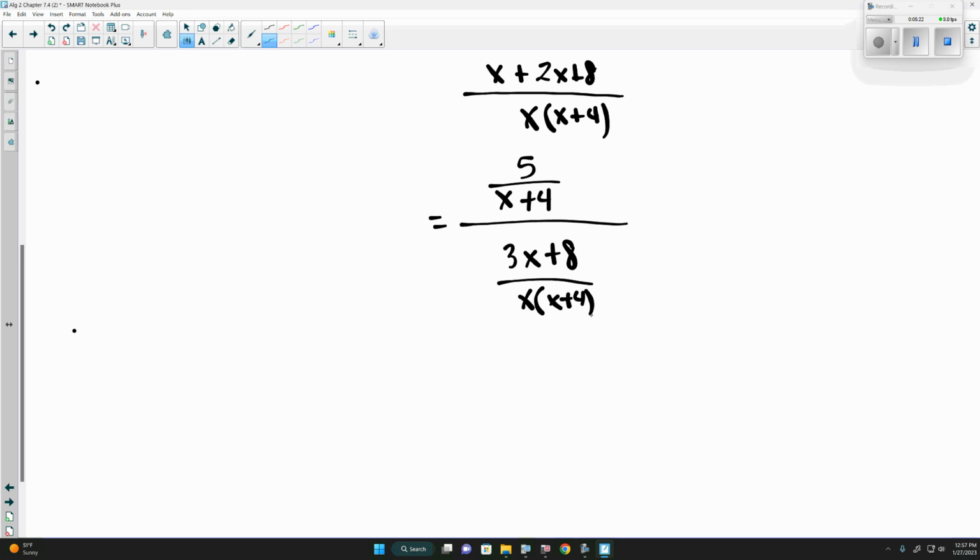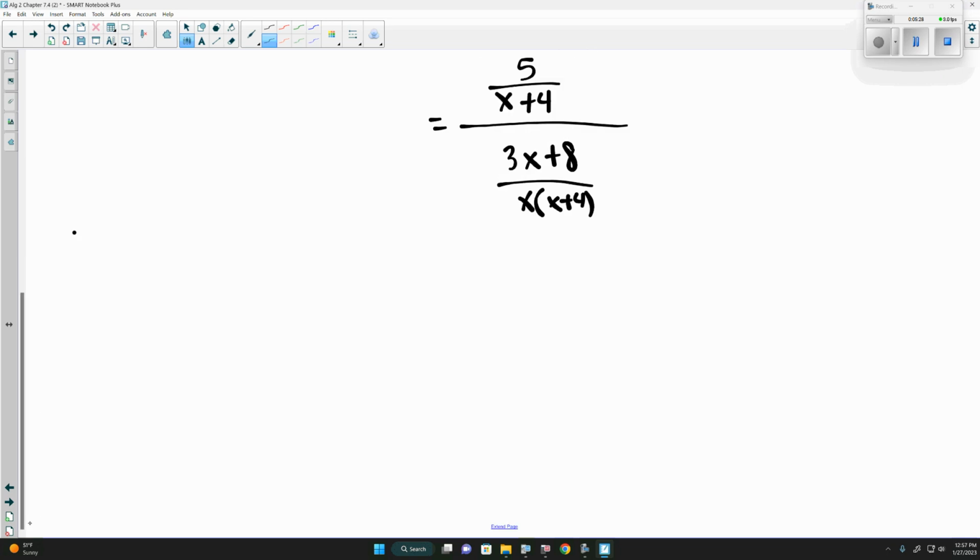So we did all this to get it so that we have one fraction on top and bottom. Now, realistically, having two fractions is just the same as saying the numerator is being divided by the denominator. Is really all this is saying, 5 over x plus 4 all over 3x plus 8 over x times x plus 4. It's just saying we're dividing these two fractions.